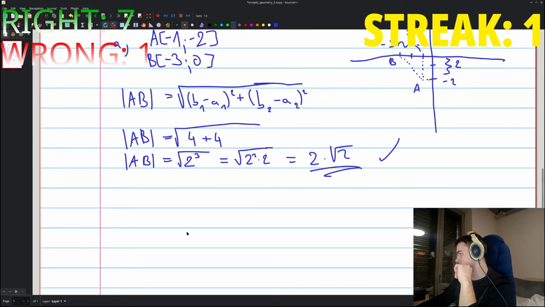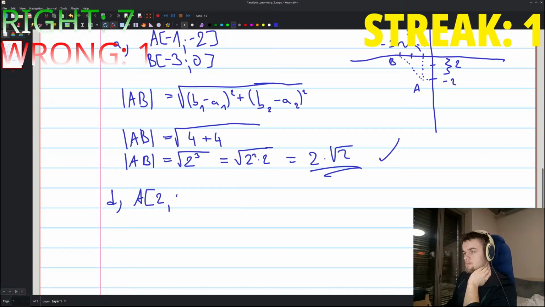Let's do the last one, for example. Oh, this is interesting. A here is 2 and 2. And B is minus t and t.